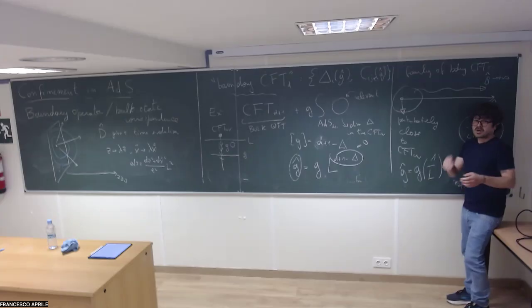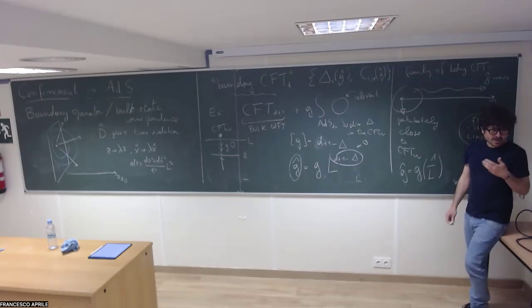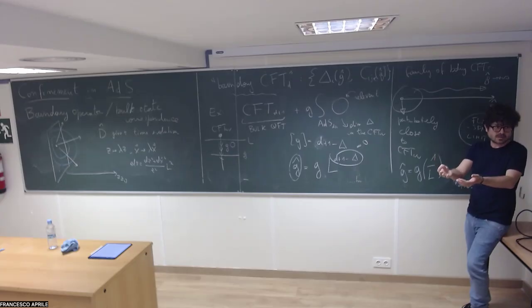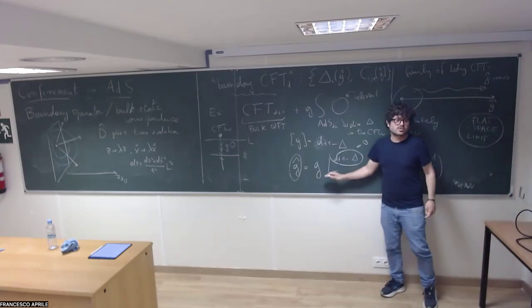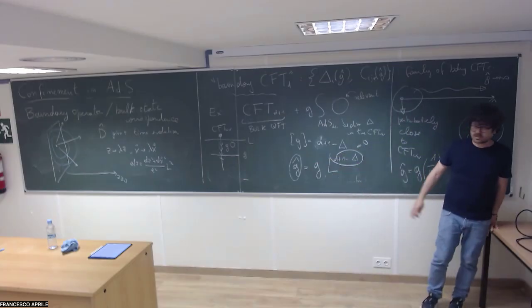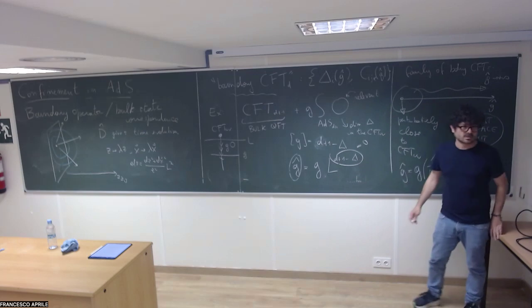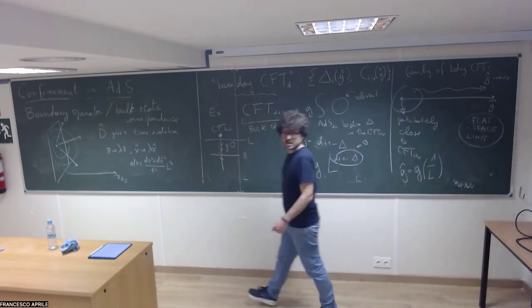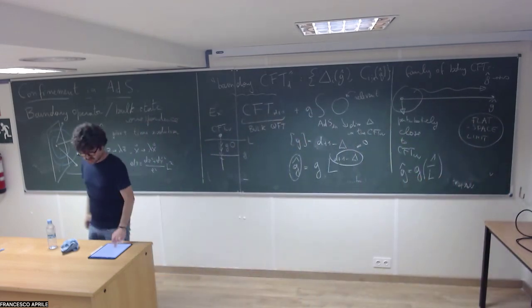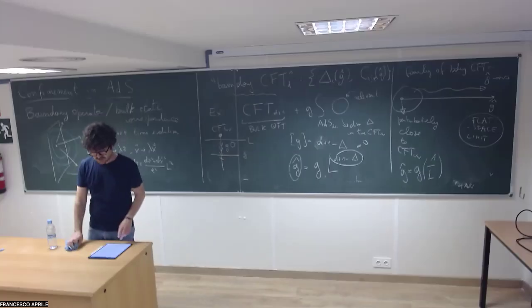Or another way to think about it: when you have these classically marginal couplings that then run, you have a dynamically generated scale, right? So you can just form a dimensionless combination of the dynamically generated scale and your radius. It's going to be the same as this. You can really use the dynamically generated scale, but we are going to see it later.